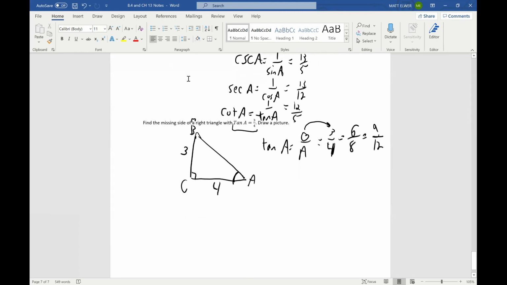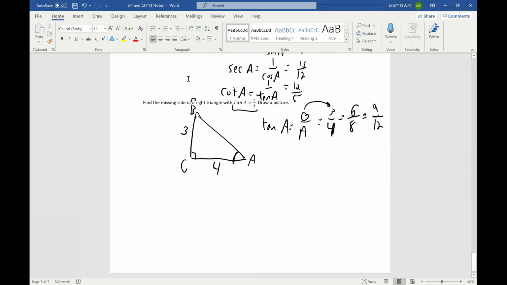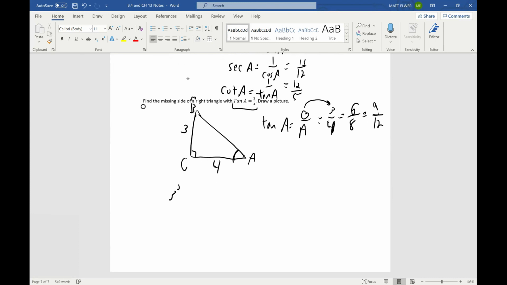Okay, anyway, I want to find the length of AB, and I can do that with the Pythagorean theorem, because I know what the lengths of two legs are. So we should have 3 squared plus 4 squared is equal to c squared. Maybe I'll even use the other notation and say AB squared.